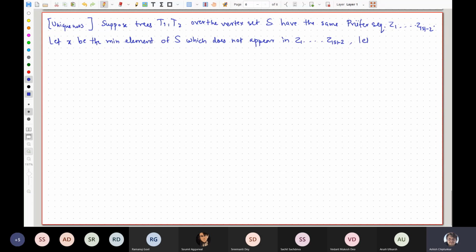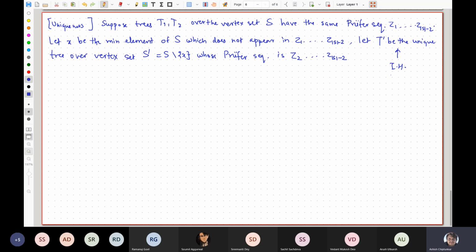And like before, let T prime be the unique tree over vertex set S prime equal to S minus X whose Prufer sequence is Z2 to Z size of S minus 2. This is the same application of the induction hypothesis.